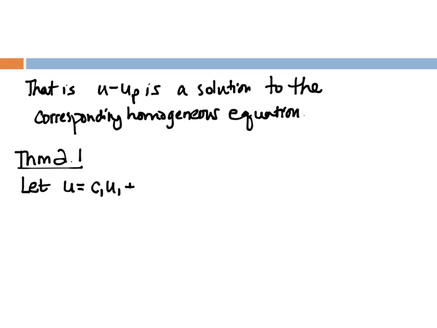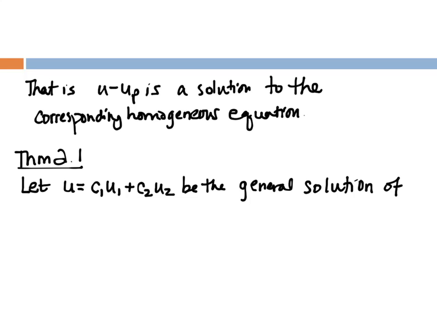c1 u1 plus c2 u2 be the general solution of m u double prime plus c u prime plus ku equals 0.